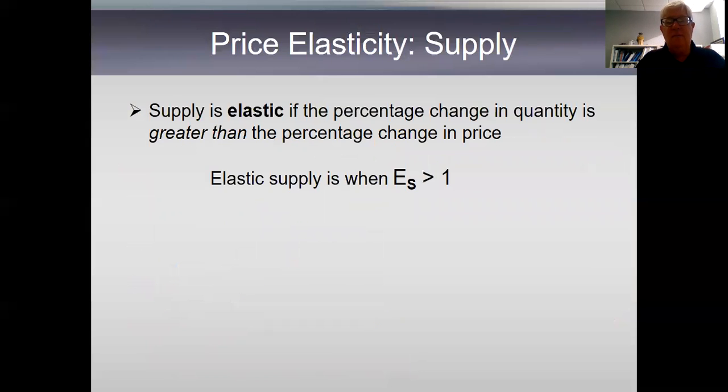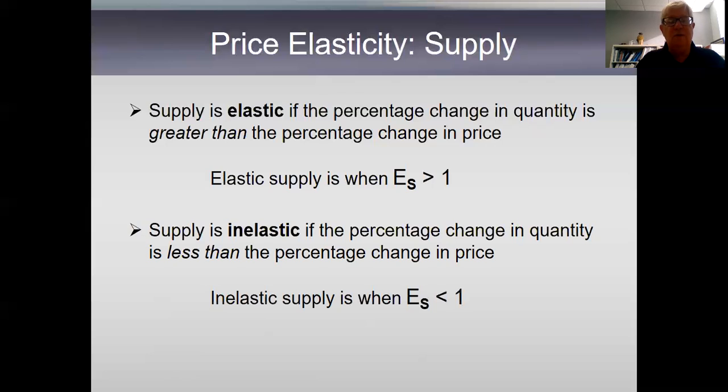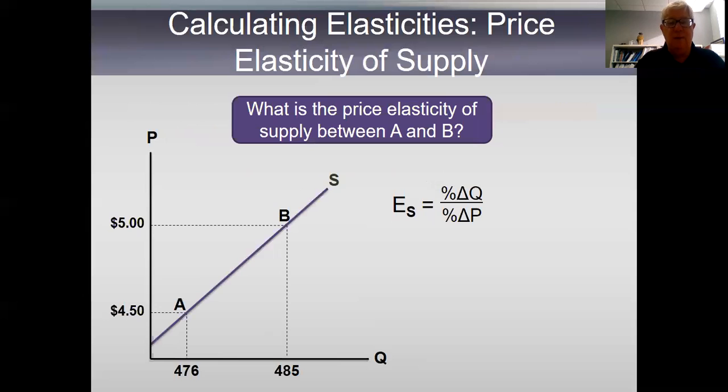And we also have the same kind of definitions we had before: supply is elastic when that value is greater than 1. It's inelastic when that value is less than 1. And here we've got an example where we can run through the calculations. There you see the generalized calculation, percentage change in quantity supplied divided by the percentage change in price.